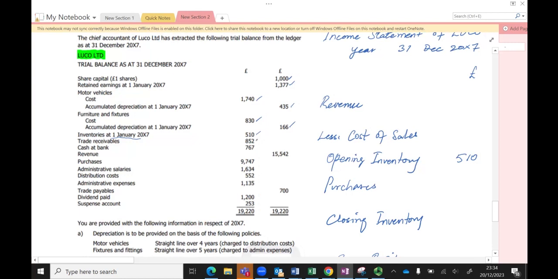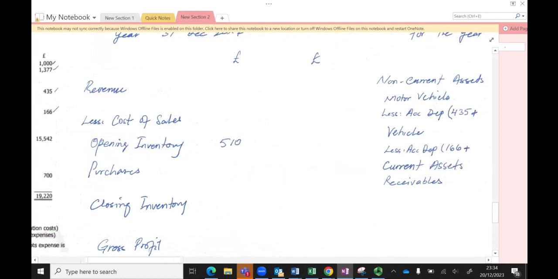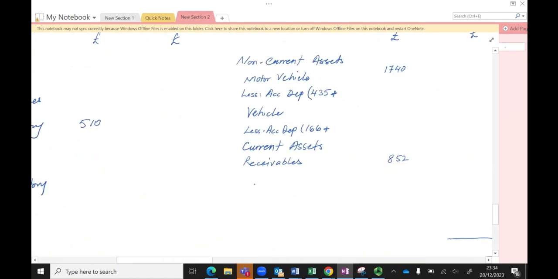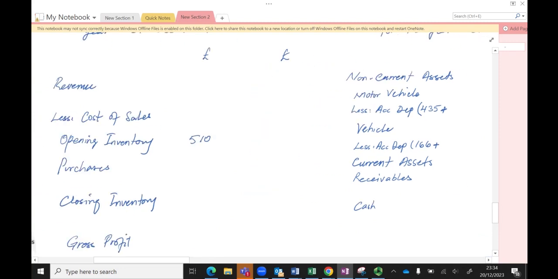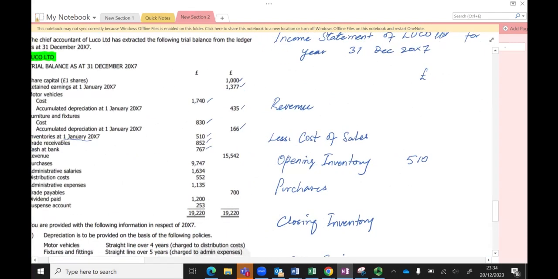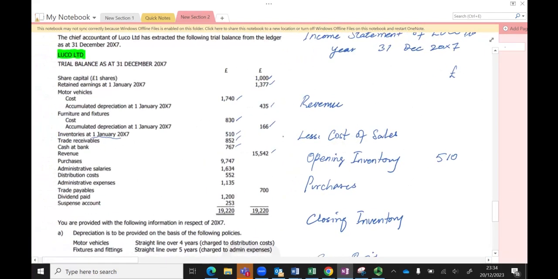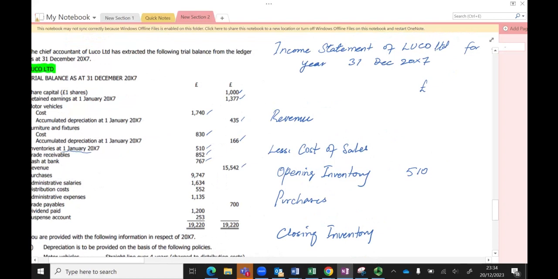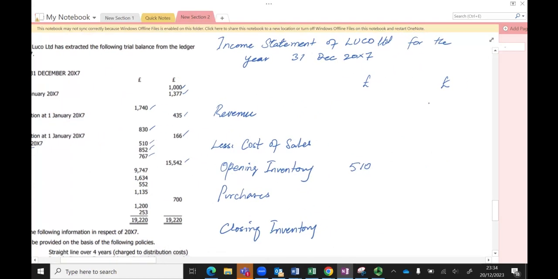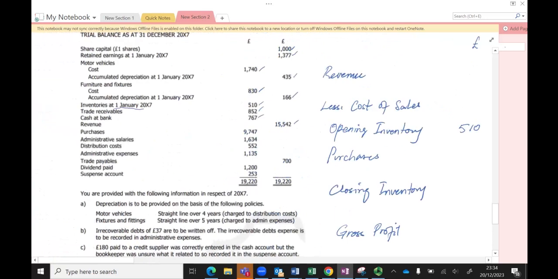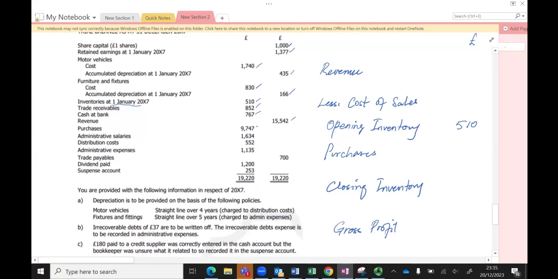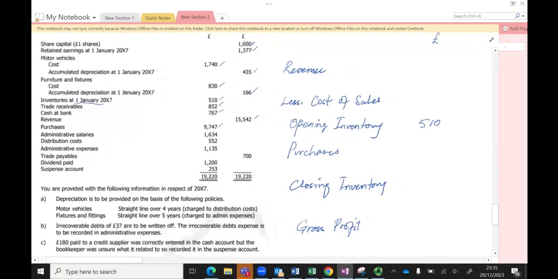Next, I have cash 767. There is a revenue of 15,542. And then there is a purchases figure of 9747.